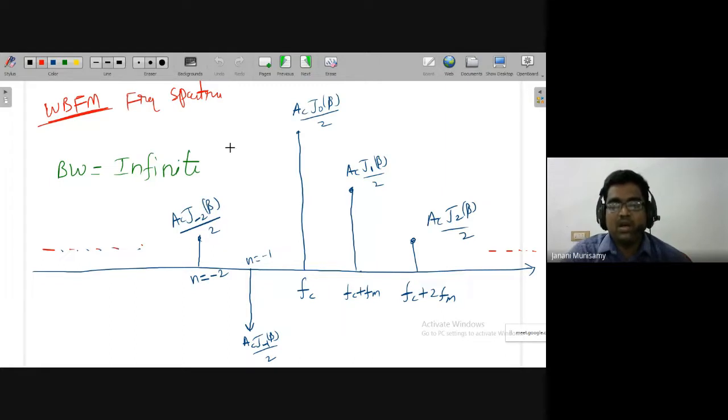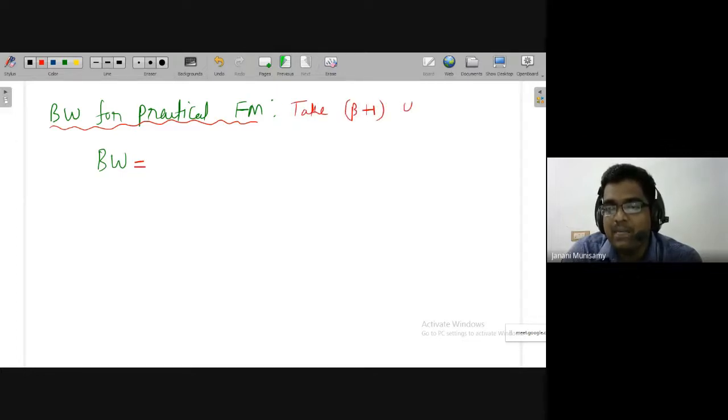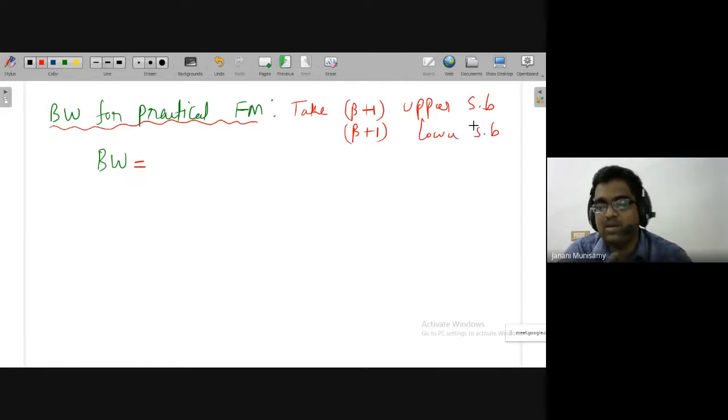That means the entire 100% of the energy will be spread over all the frequencies, but almost 99% of the energy will be available in the beta plus 1 upper side band and beta plus 1 lower side band.